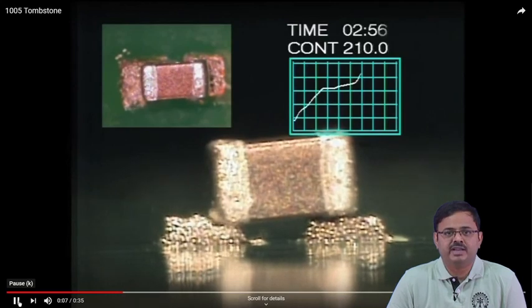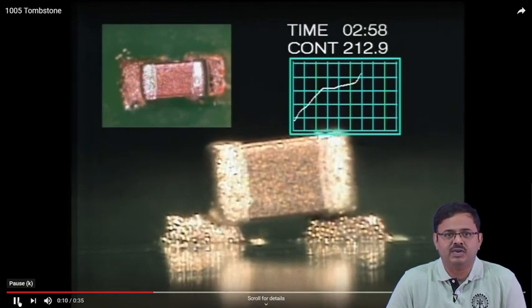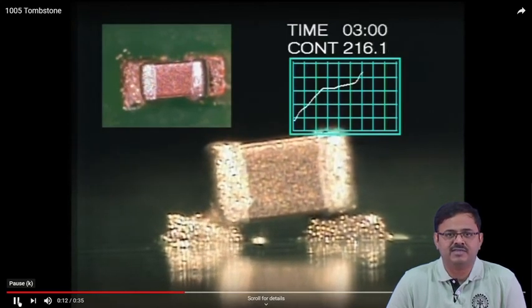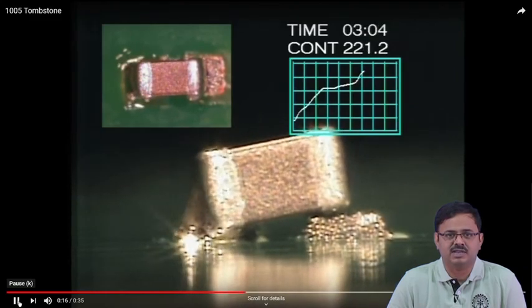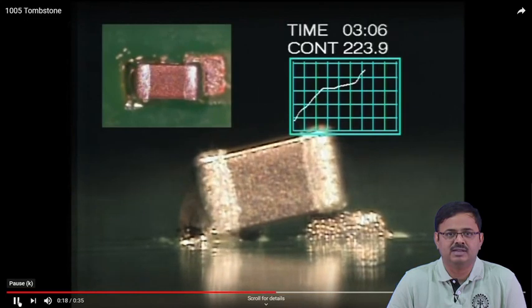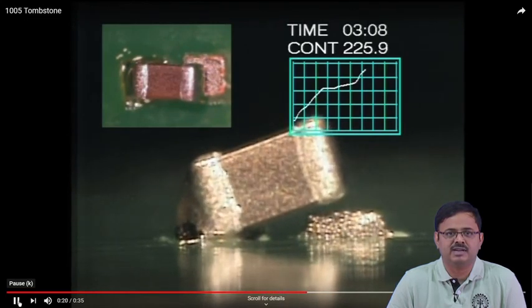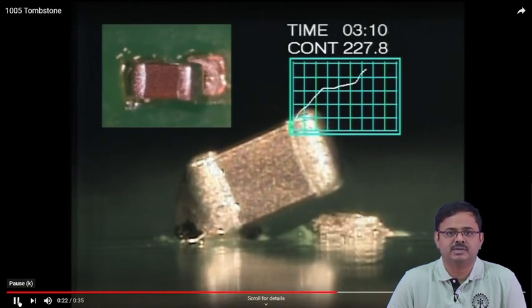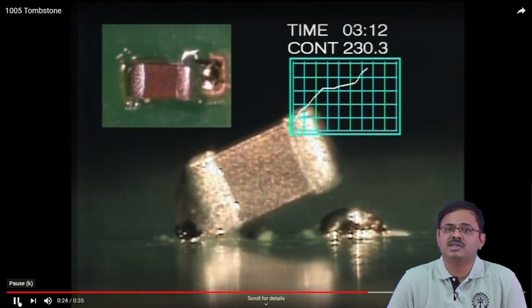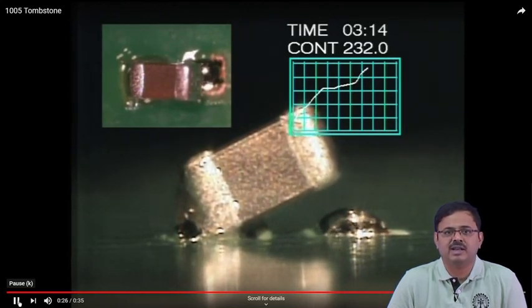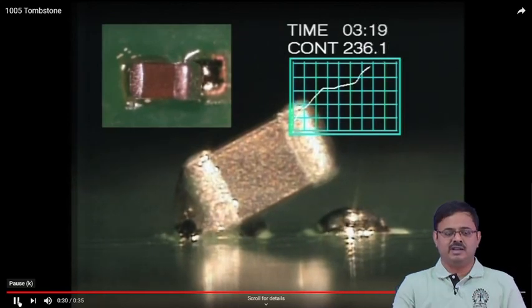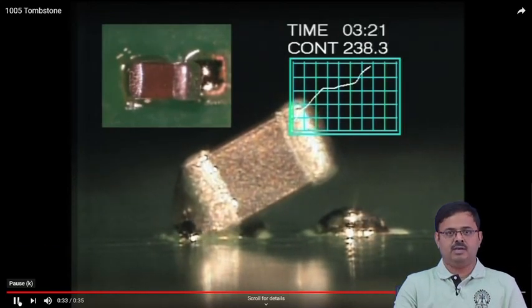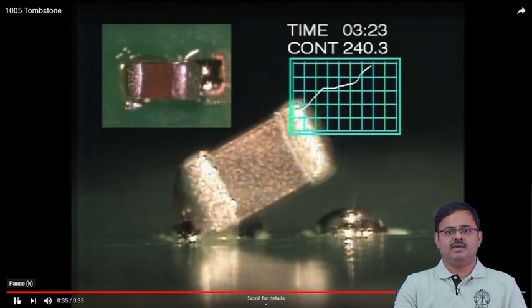There is unequal wetting, and you see along with time one side, the left side, is getting wetted, the right side not so much, and you see this detachment, it has lifted up. And now this one started to wet, but by that time the detachment had already happened and the final configuration is a defective package.